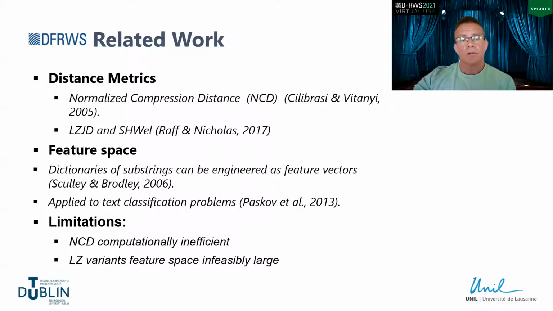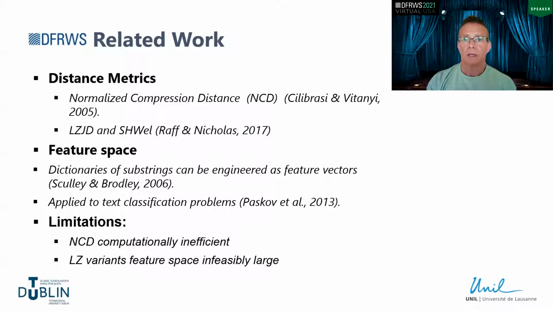In terms of what's been done before for compression, mainly the works have concentrated on distance metrics. So the main one being normalized compression distance, or NCD. This has been shown to be used in a wide variety of domains, like text classification, genomics, virology, even music classification.